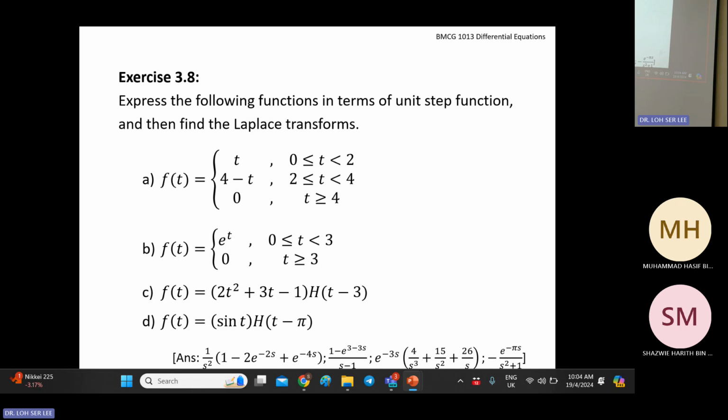Last time we stopped at question B. Okay, we have done B. We need to continue to question C and also D. Have you given it a try?